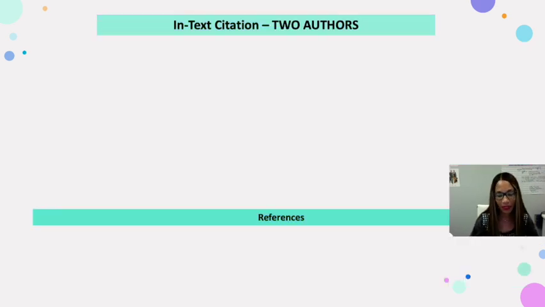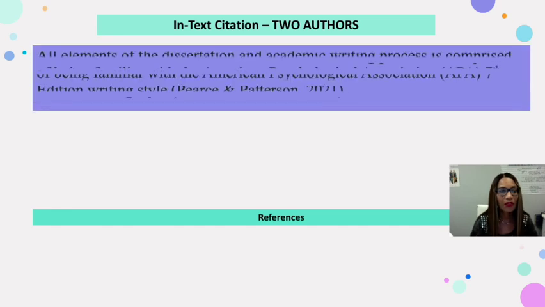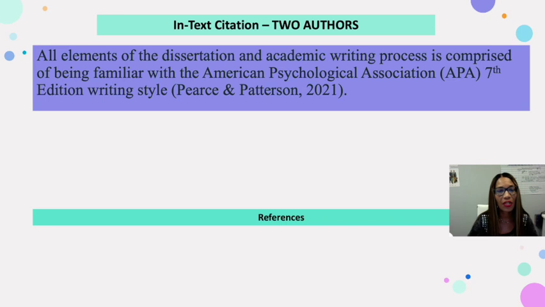For two authors, it's going to be similar to one author. The only difference is that you're going to have an ampersand in between the two last names of the authors of the article that you are citing. For instance, we have Pierce ampersand Patterson, comma, 2021 in parentheses at the end of the sentence.